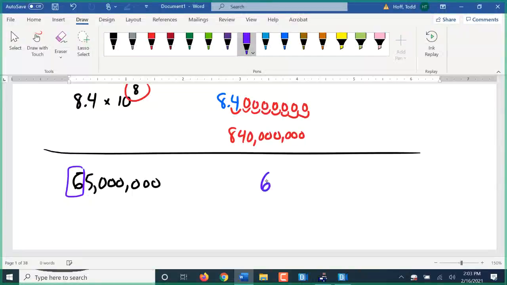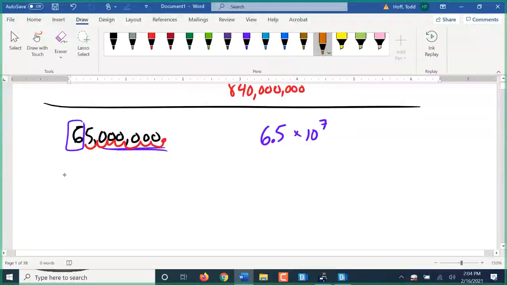And we write the number with the decimal point after that first non-zero digit, and any trailing zeros, meaning zeros at the end of the number, can be dropped. But now the decimal point has to move. It starts at the end of the number, remember, if the decimal point isn't written, it's at the end. And it moves 1, 2, 3, 4, 5, 6, 7 spots. 6.5 times 10 to the 7th.